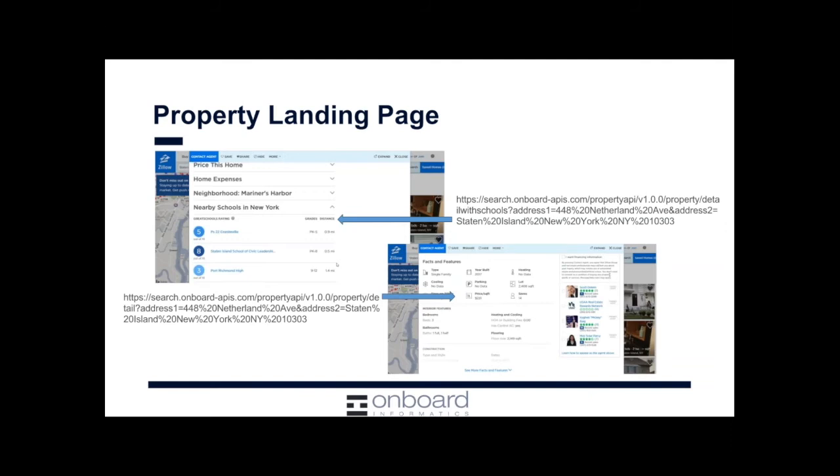It sounds crazy, but the idea is that using a script and an integration, you wouldn't, but your computer would for you, your server would create a property page for every single property in the United States. It would be populated with this information that is part of the Onboard API, so property details.